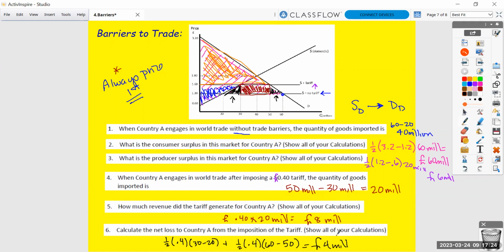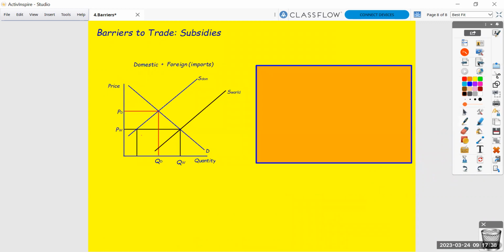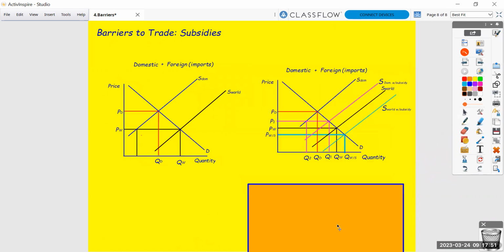Are we good? Excellent. All right, I know the bell's going to ring shortly, and I'm just going to show you the subsidies real quick. I am going to tell you that you are not going to have to draw these graphs. Okay, they are going to start you out. You might have to make a shift to show, but you're not going to have to draw them from scratch. So a subsidy looks a little bit different, in that, I know this is very overwhelming, but with a subsidy, I'm giving the subsidy to the domestic producers.